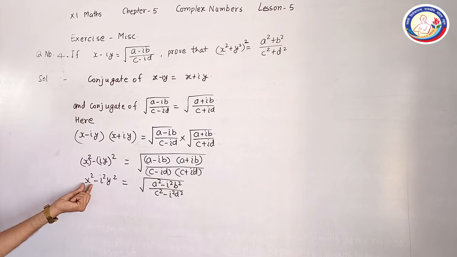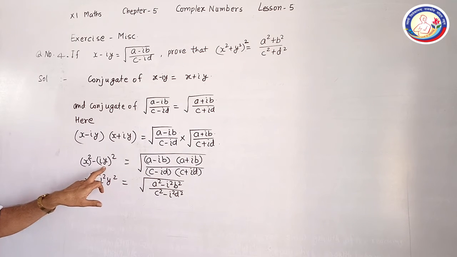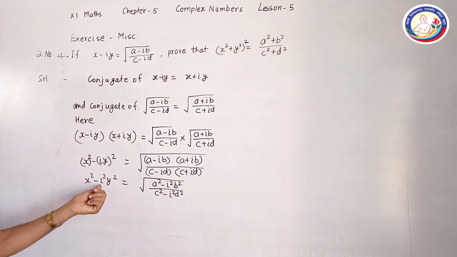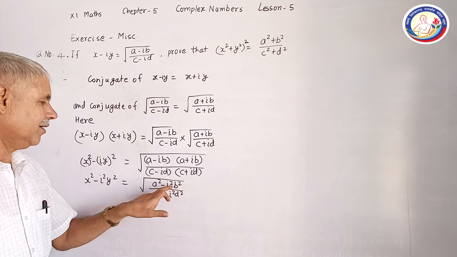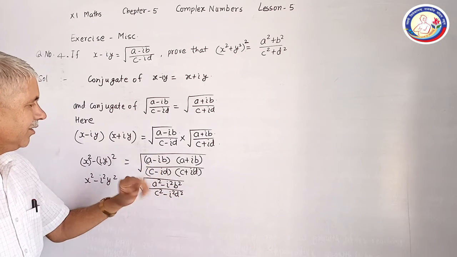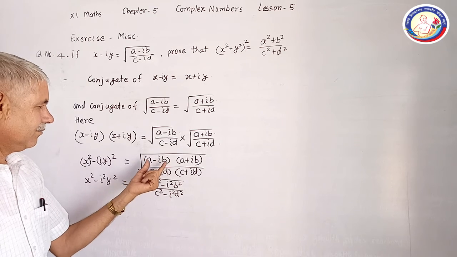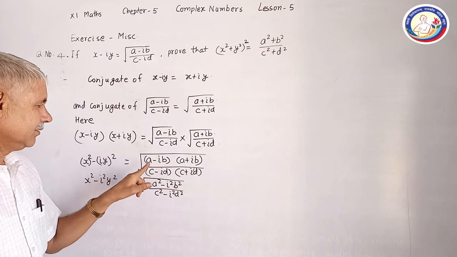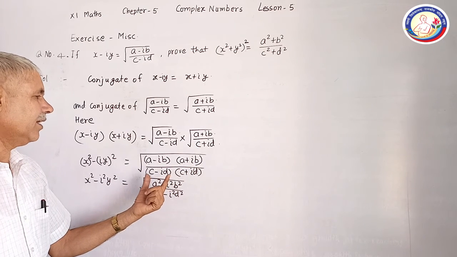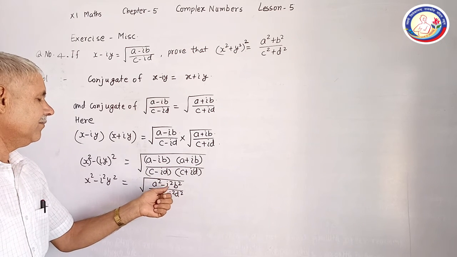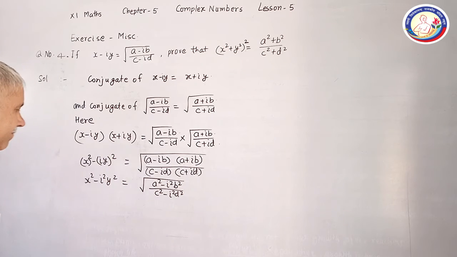The square of this is simple, and if we square it, we will get iota square. Put here iota square equal to -1, and here also iota square equal to -1 in numerator and denominator. This is obvious. Multiplication of difference and sum of two terms is equal to square of first minus square of second.